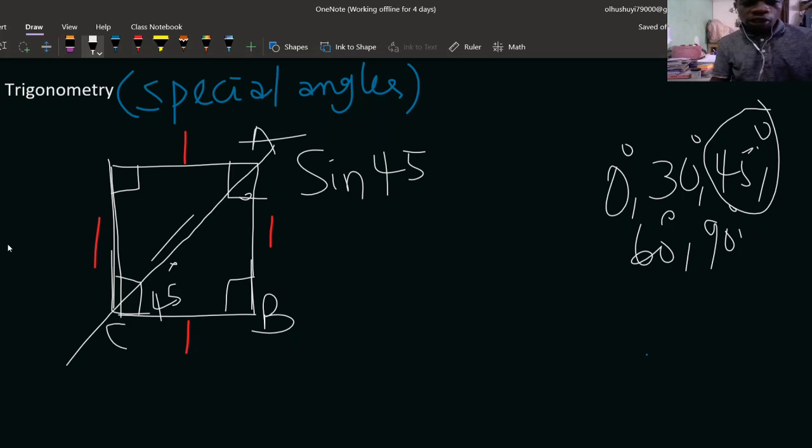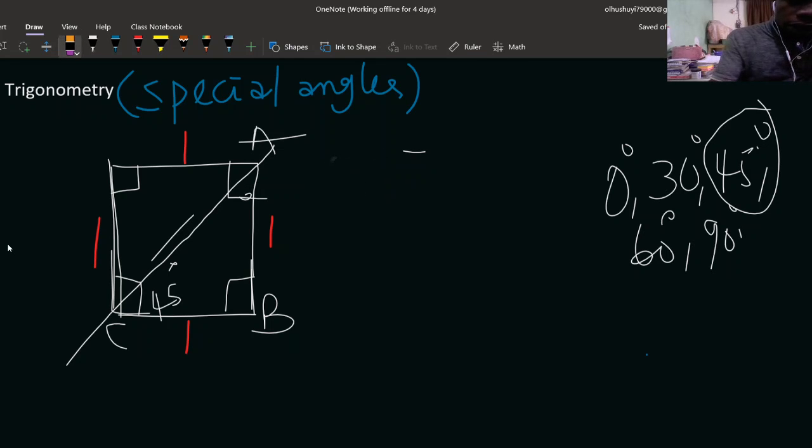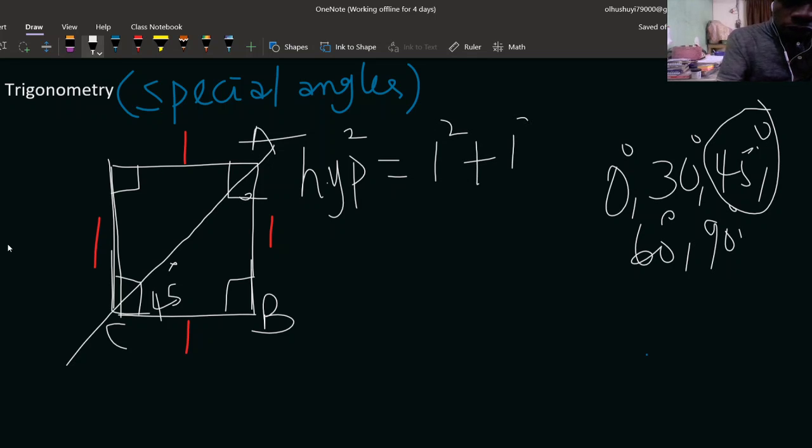But before we find sine 45, we have our opposite, 1. We don't have our hypotenuse, isn't it? So let's look for the hypotenuse. Hypotenuse squared is equal to 1 squared plus 1 squared.